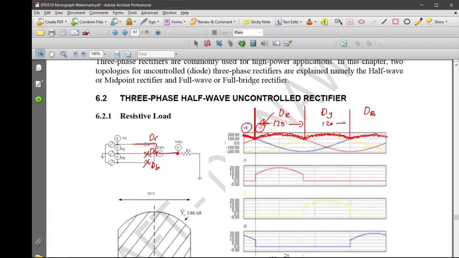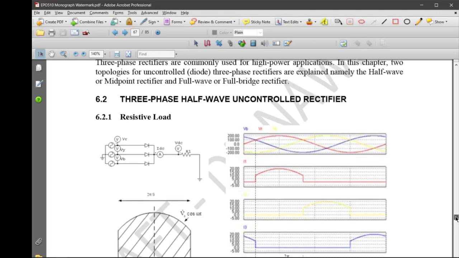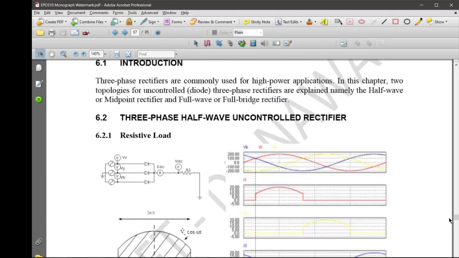So this is also 120 degrees. This is also 120 degrees. Okay, so therefore, the other important thing is to look into what are the cross, what is this?